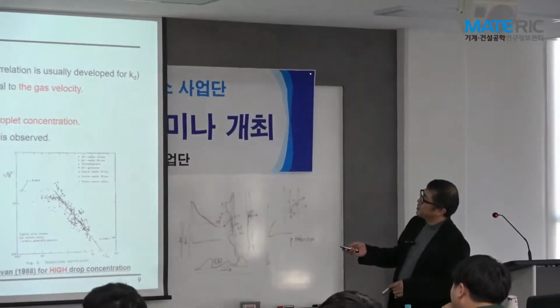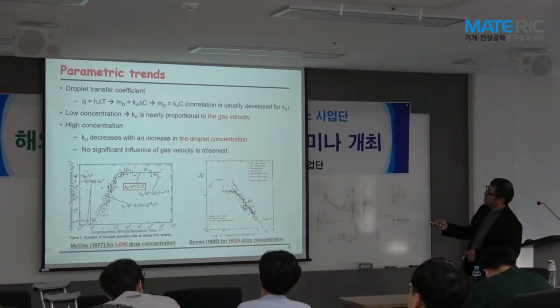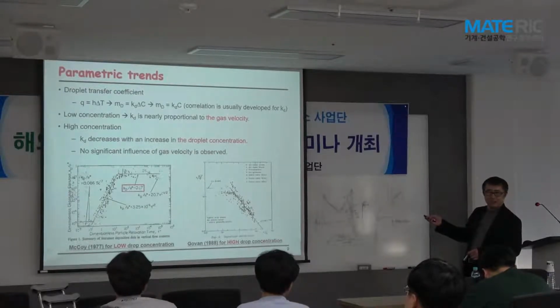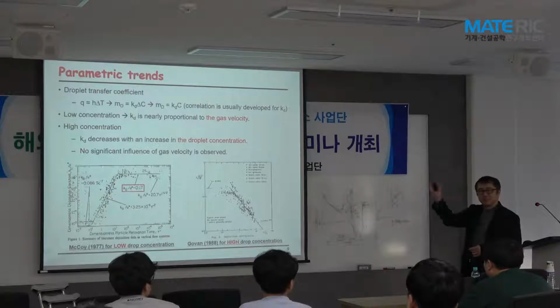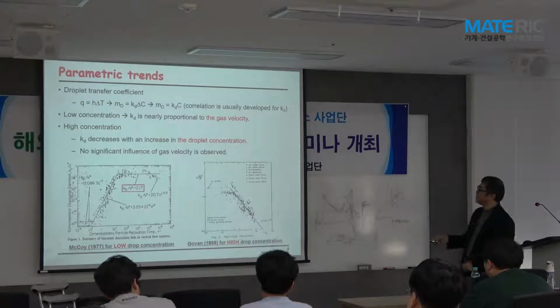But if the concentration is sufficiently low, Kd is nearly proportional to the gas velocity. It's okay. If the gas velocity is high, turbulence is more significant, then maybe more droplets come to the wall. So it's understandable.